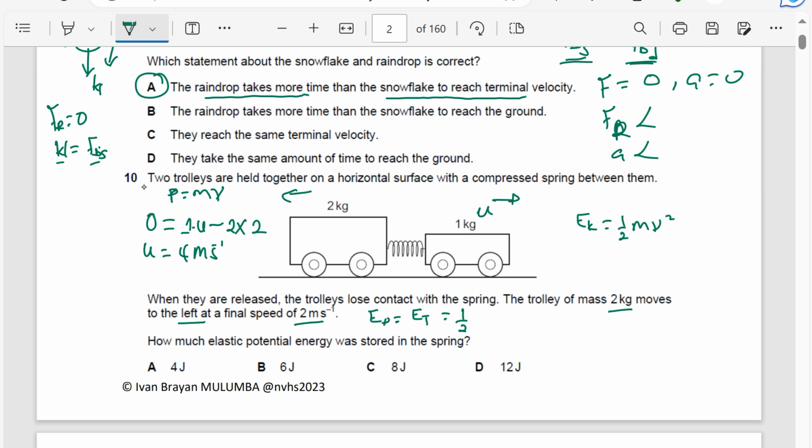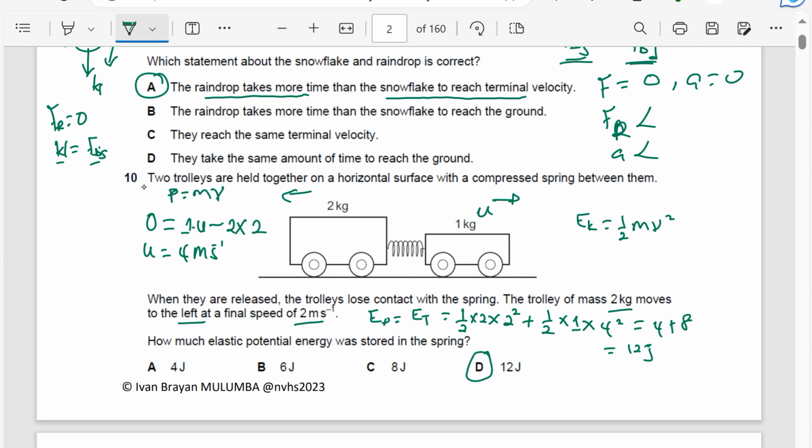For the 2 kilogram mass, it will be a half times 2 times 2 squared, the speed was 2, plus, for the 1 kilogram mass, a half times 1 times its speed, 4 squared. From my calculator, this is 4 plus 8, which is 12. So the total energy here is 12 joules, which means this is what is stored in the spring. So the answer is D.